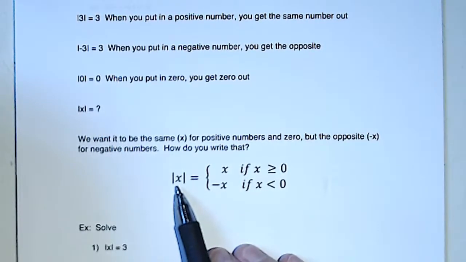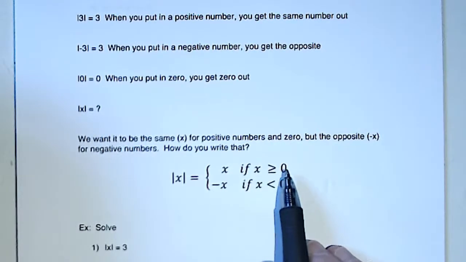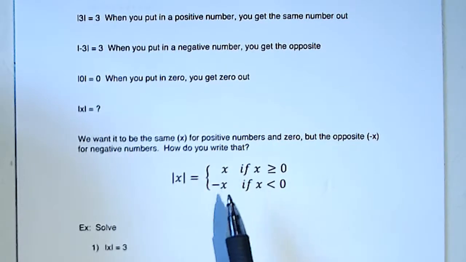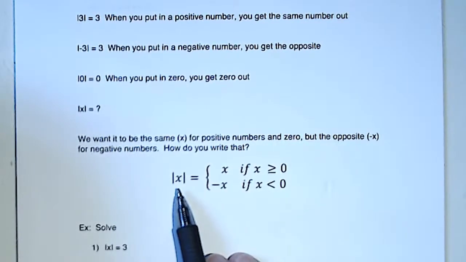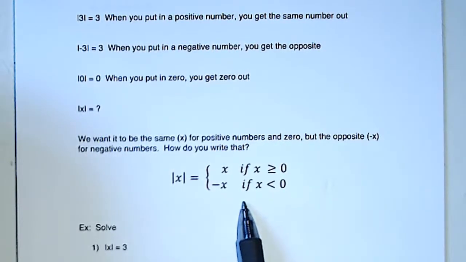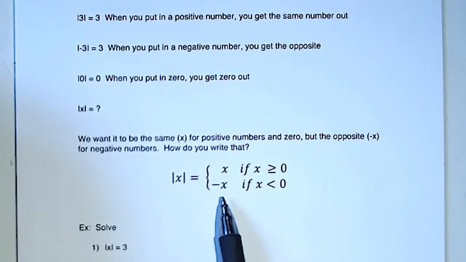So the absolute value of x equals x. So in other words, x does not change when x is greater than or equal to 0. So if the number you're looking at is a positive number or 0, it's unchanged. Now, if we're dealing with a negative number, if x is less than 0, so like -3, then when we put it in there, and here's the weird thing, you're going to say, wait, that's negative.